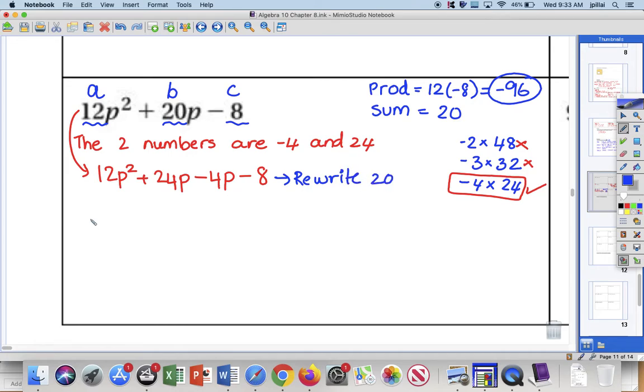Now, next, what's the next step? Yes, you're right. So group it into 2's, and you will end up getting, between 12p squared and 24p, the common factor is going to be 12p. So you'll be left with p plus 2. All right. Now you have negative 4p and negative 8.